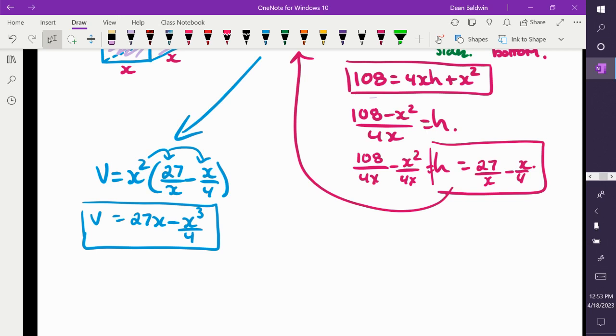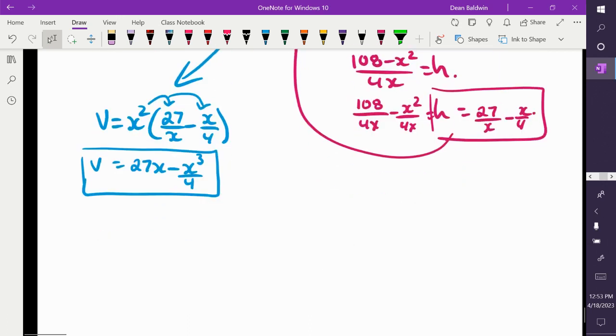Is everybody good? All right. Now we take the derivative with respect to x. Now the calculus. It's always going to be with respect to x because I'm saying, how is the volume changing as x changes, right?